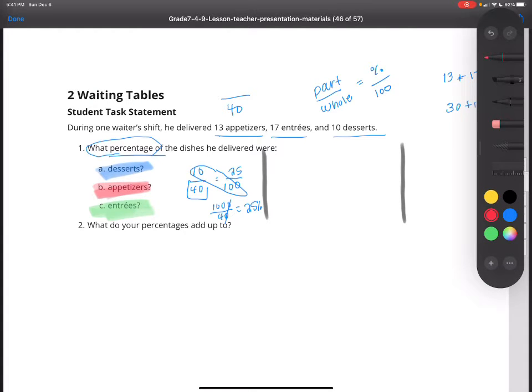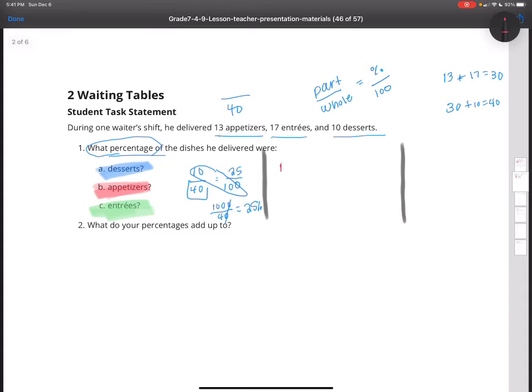For the appetizer, there were 13 appetizers over 40, and the percent is still missing. So I'm going to multiply 13 times 100 divided by 40. That would be 1,300 divided by 40.